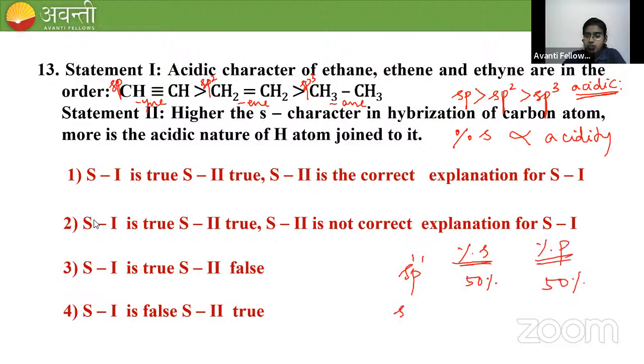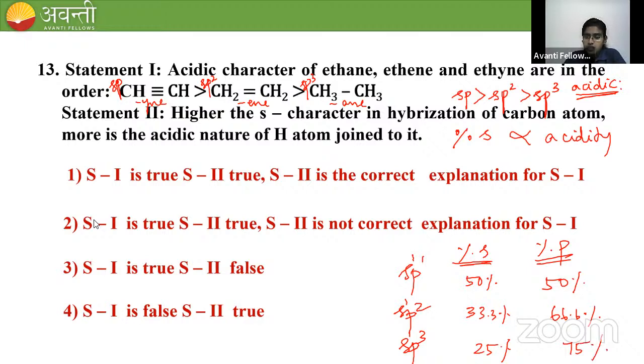In case of sp2, the percentage of s character is 33.3% and the percentage of p character is 66.6%. And in case of sp3, it is a 1:3 ratio.